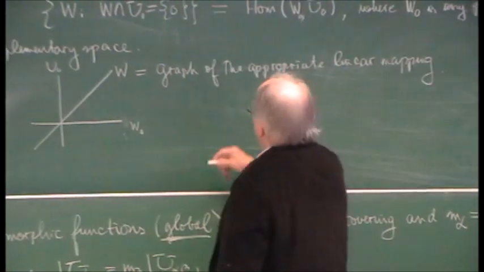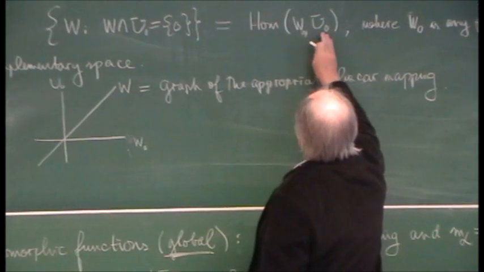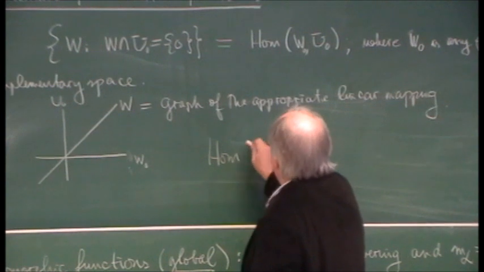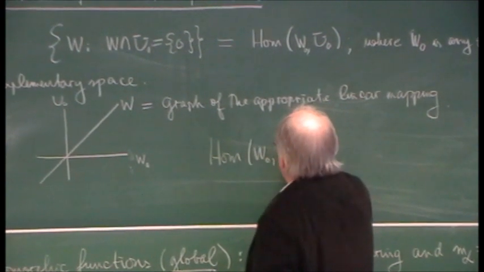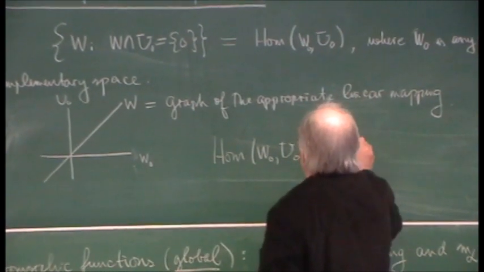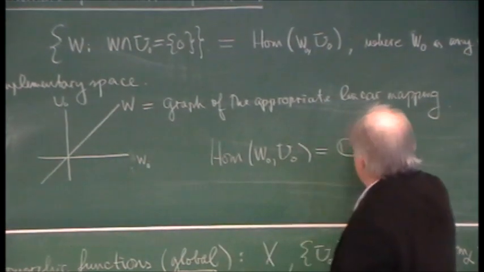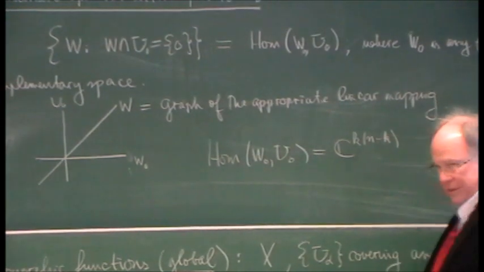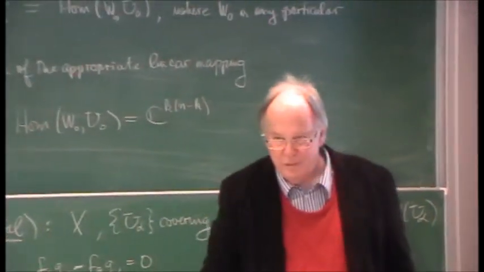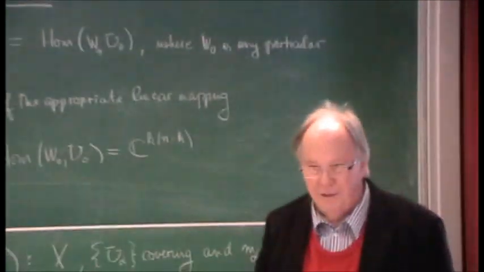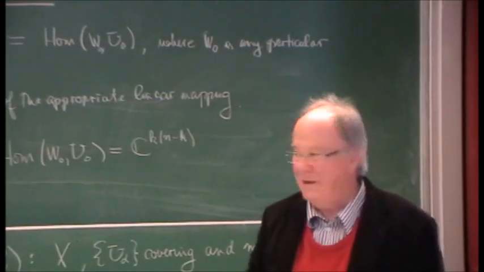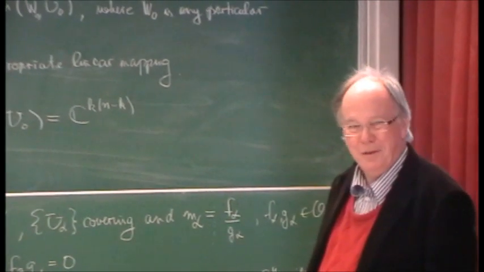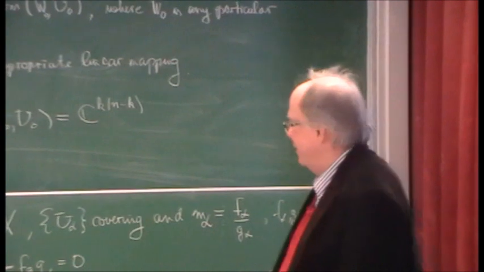So, as you know, Hom from W0 to U0 is a beautiful vector space itself. You choose a basis, you know what it is. Because you choose a basis, it's a matrix, and I have to think slowly whether it's a k times n minus k matrix or an n minus k times k matrix, depending how you think about it.